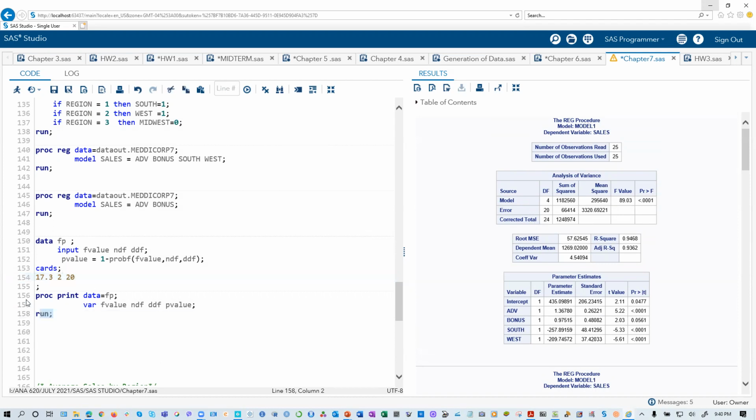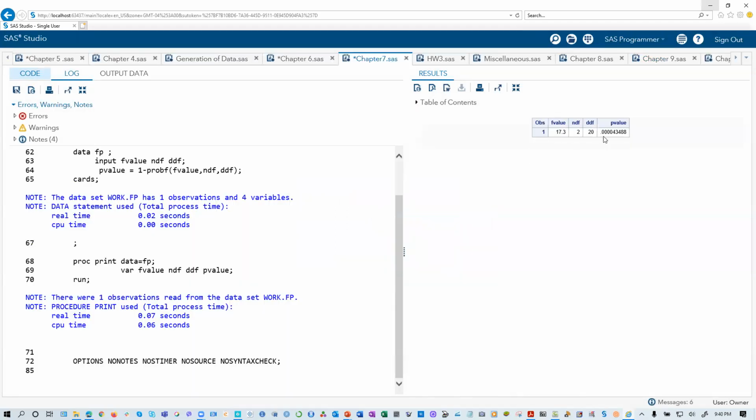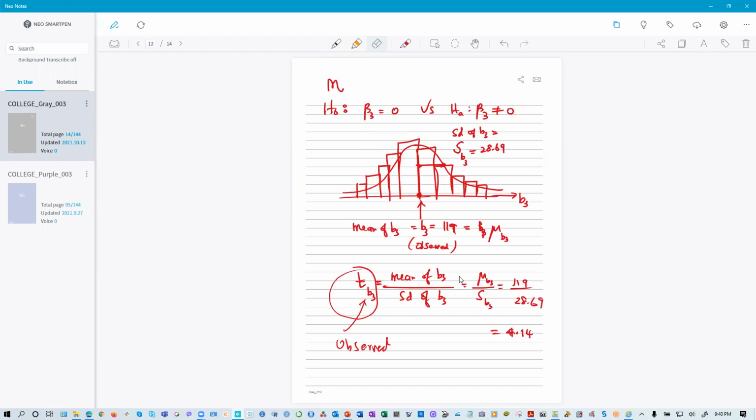If you run this and print, you get a p-value of 0. That means you reject H naught. You haven't written the hypothesis or the inference yet. This is one way of doing it, method 1.